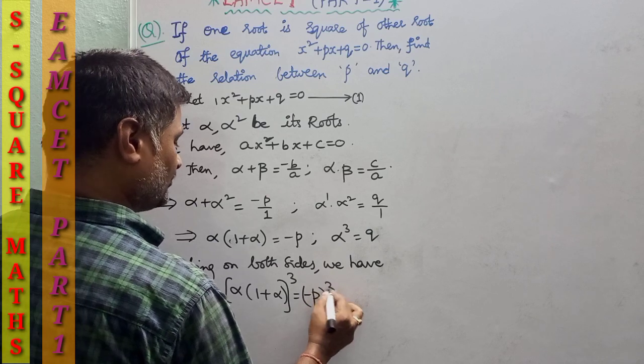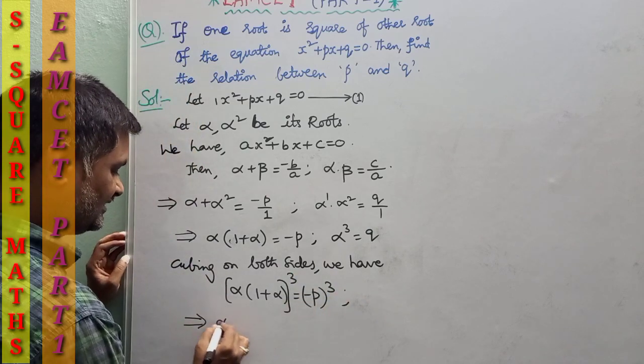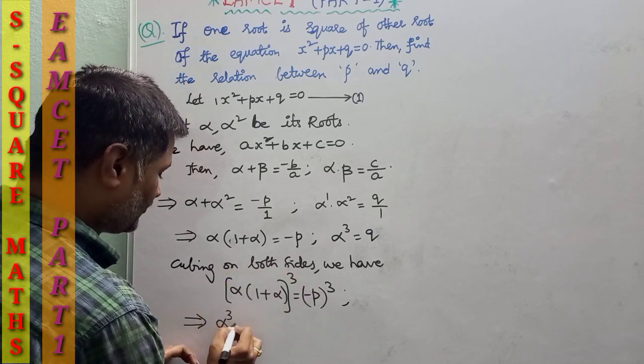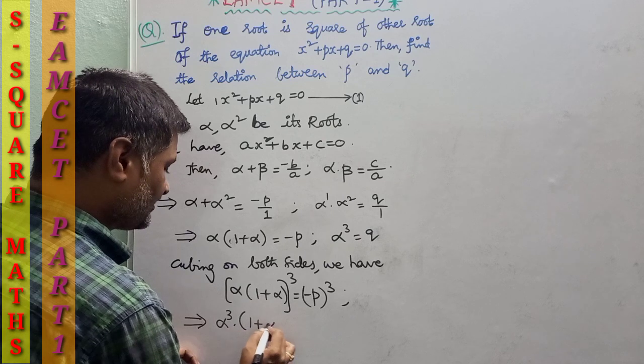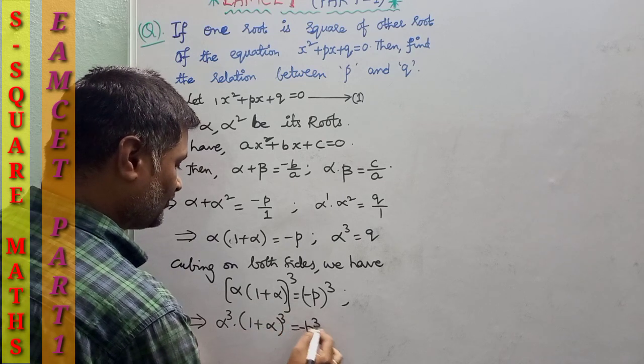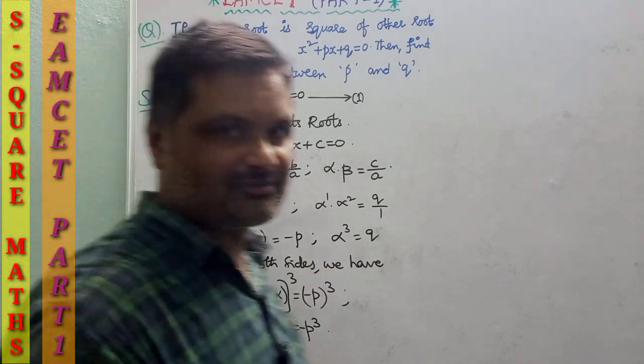Using a into b whole power m is a power m into b power m, alpha cube into 1 plus alpha whole cube is equal to minus p cube, since minus p into minus p into minus p is minus p cube.